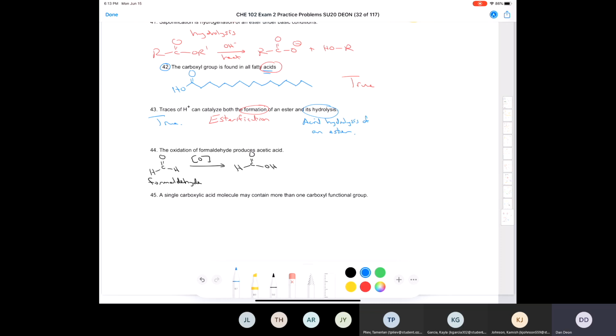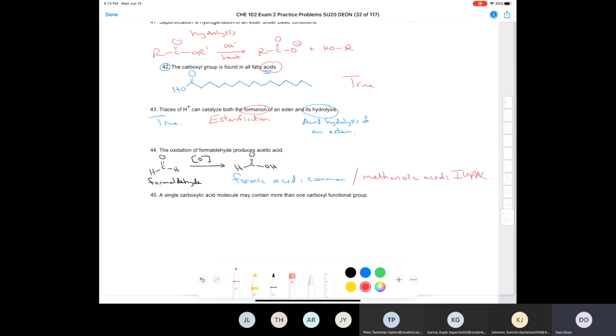What would the name of that carboxylic acid be? Formic acid, that is correct. Formic acid. Now that, again, is the common name, and the IUPAC name would be methanoic acid, right? That's IUPAC.